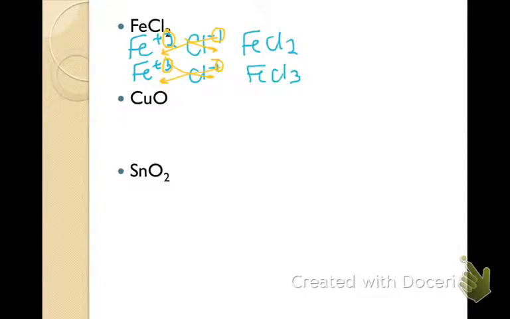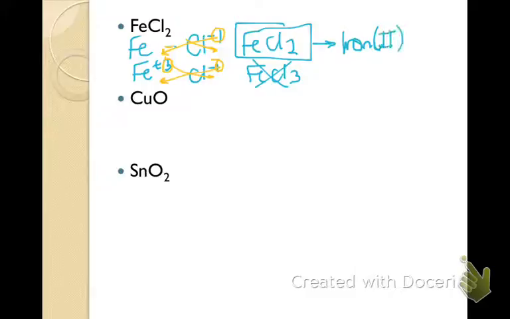We have to figure out which one of these two matches our original question, and that would be this one right here. So we're going to ignore FeCl3 and just do FeCl2. This would be iron, Roman numeral 2, and then a space, chloride. So the name of this compound is iron 2 chloride.